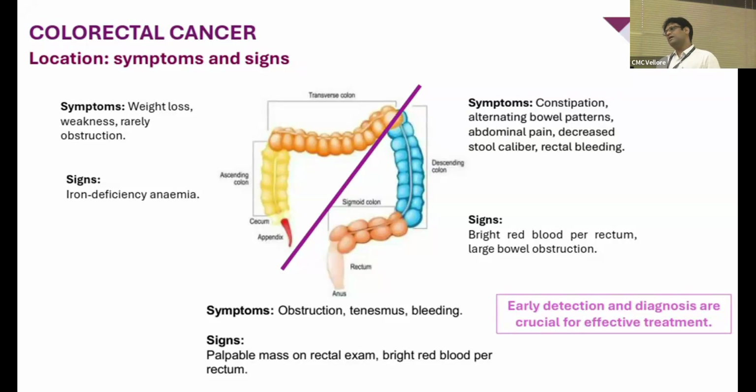Tenesmus is basically a sensation of wanting to pass stools, but then they go and nothing comes, right? So that's one of the symptoms that they can have, especially in the proctosigmoid and rectum. And one of the signs is palpable mass on rectal examination, bright blood, etc.